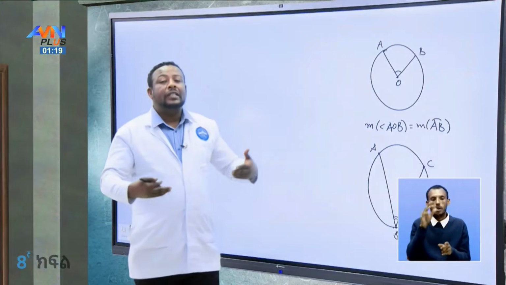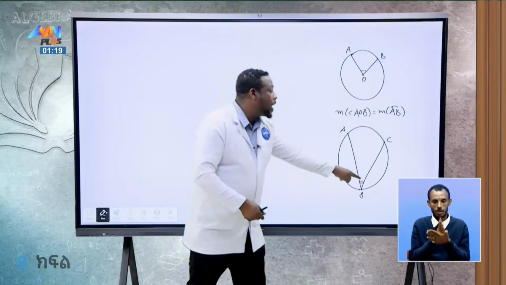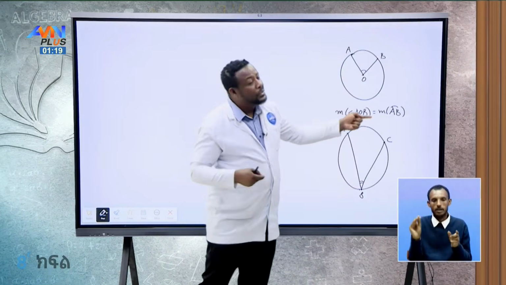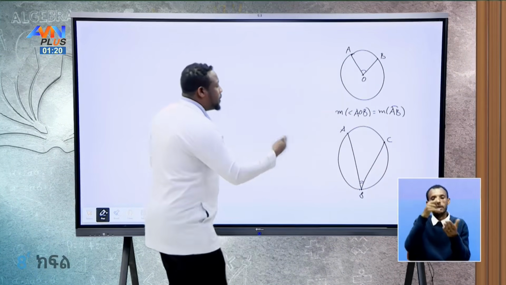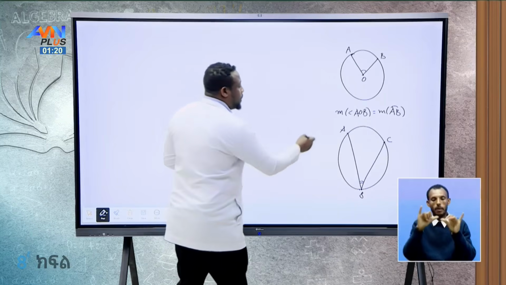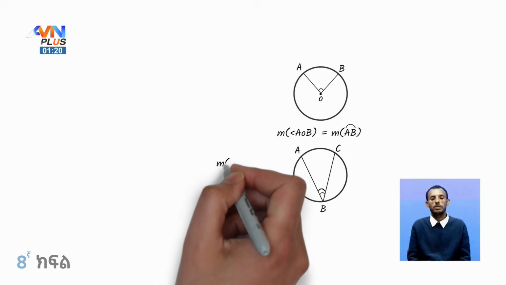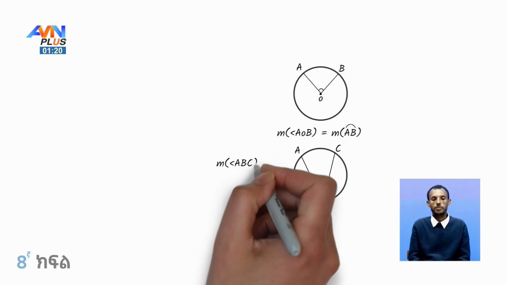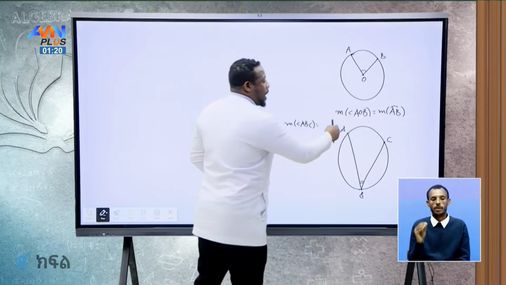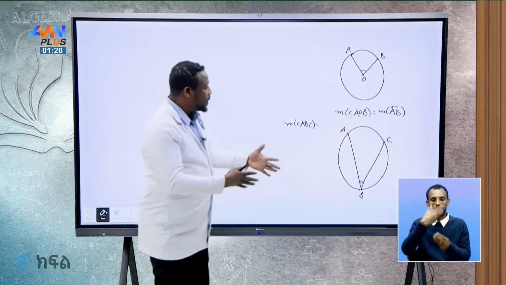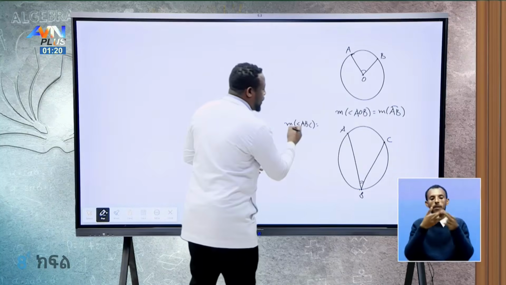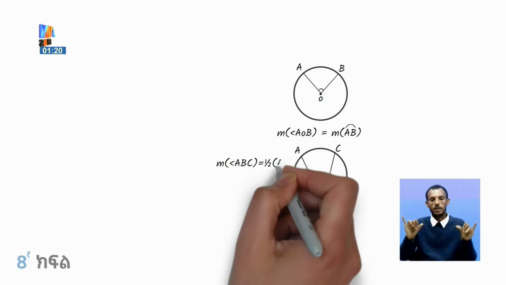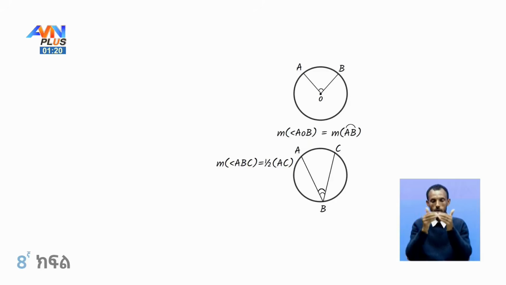And we have seen the relationship between the inscribed angle and the arc subtending it, okay? The degree measure of the inscribed angle ABC and the arc subtending it are related by this: the degree measure of angle ABC is half of the degree measure of the arc AC.